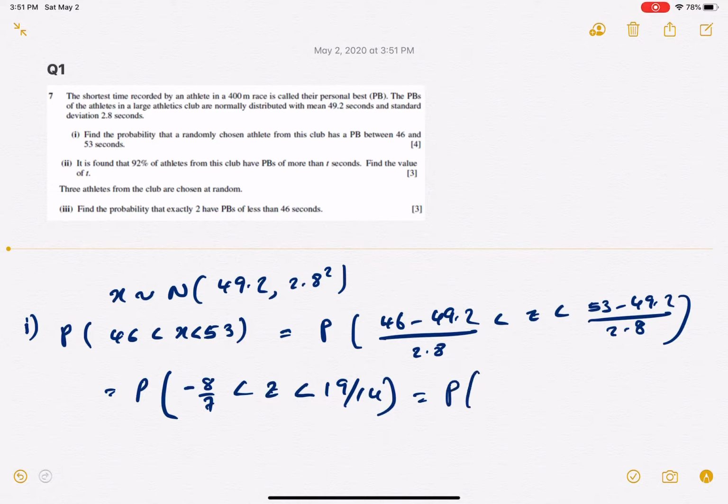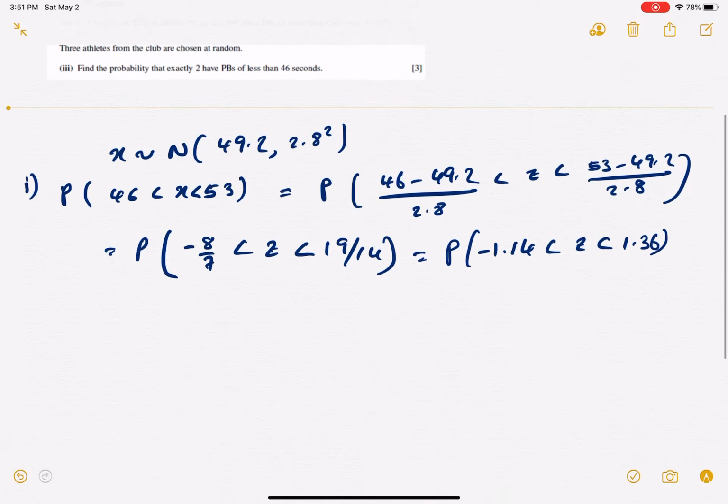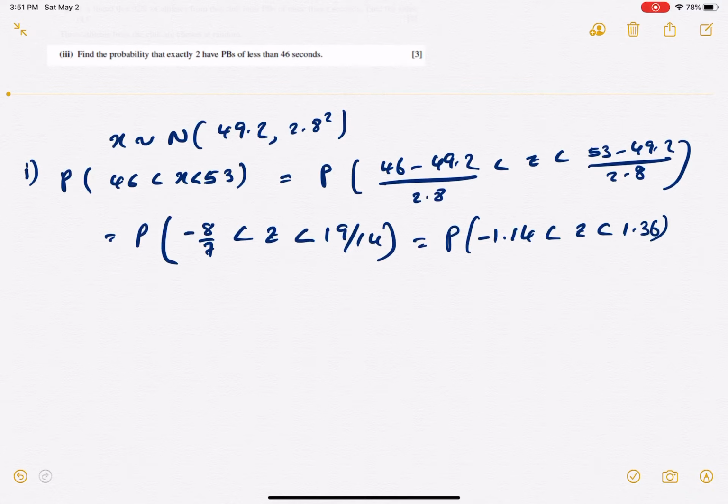To get it into decimals, this is basically minus 1.14 less than z less than 19 over 14, and that is 1.36. So here are the two values that z lies between. So I can write it as the probability z less than 1.36 minus the probability z less than minus 1.14.